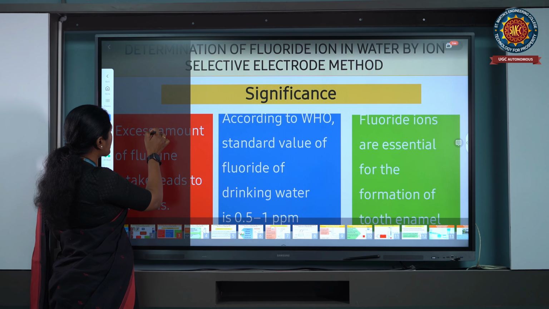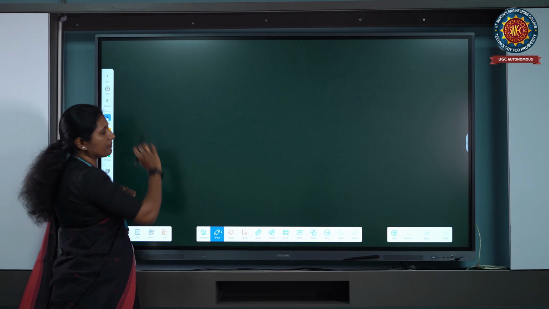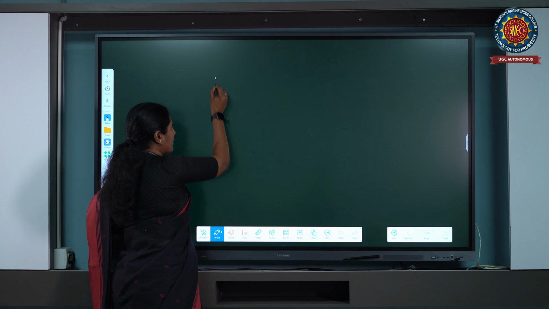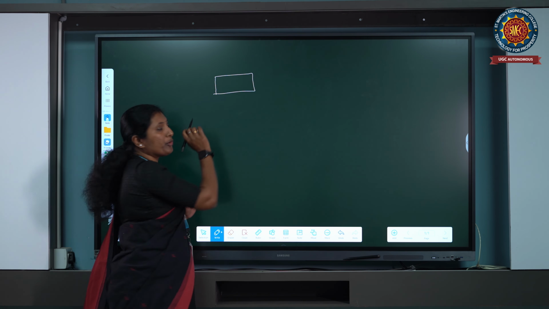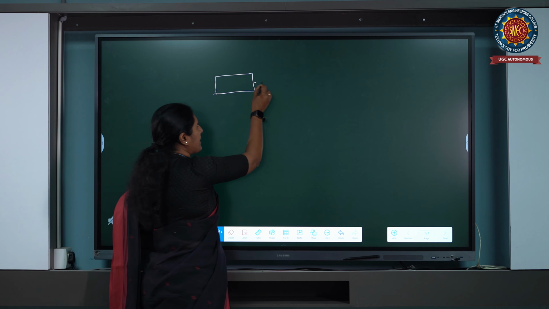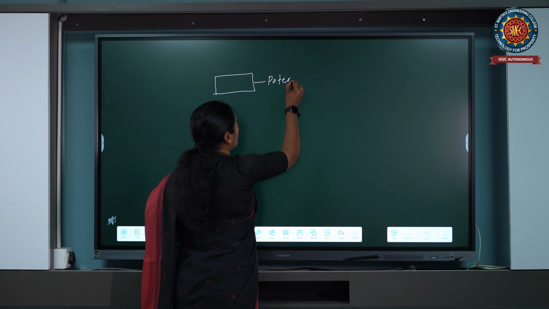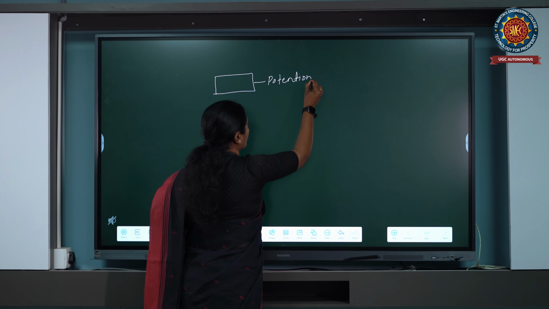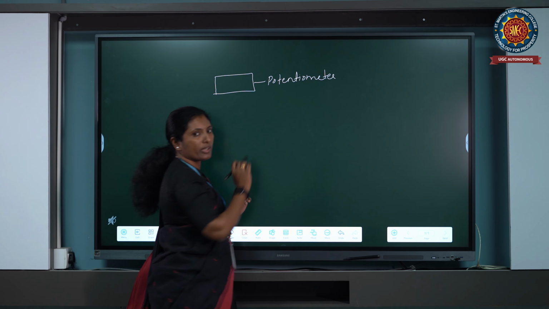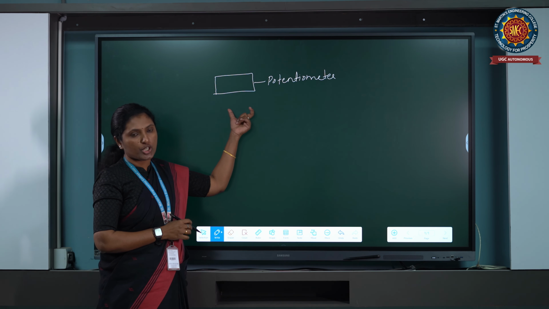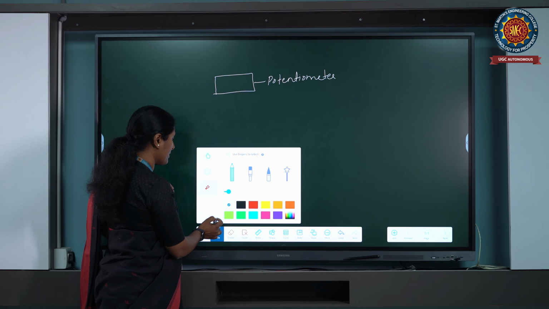So on the board I will explain all this procedure. For the apparatus, what you need first is a potentiometer. What is the use of this potentiometer?